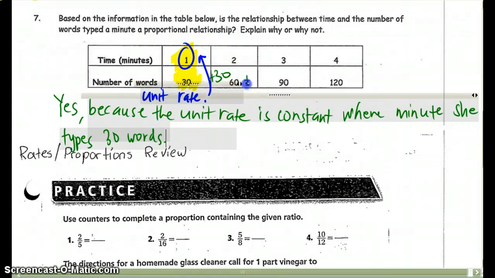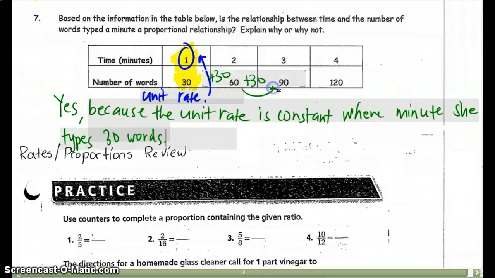Another minute later, 60 plus another 30 gives you 90. Another minute later, 90 plus 30 gives you 120. It's consistent. Okay, of course, instead of a repetitive addition is just multiplication.